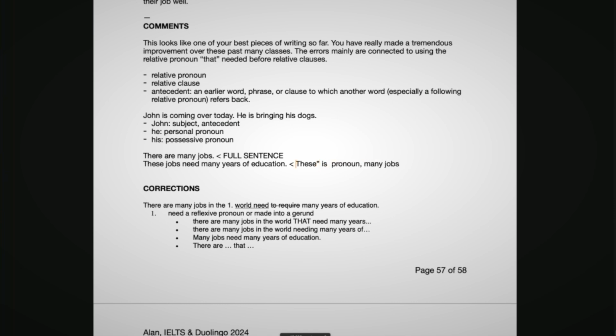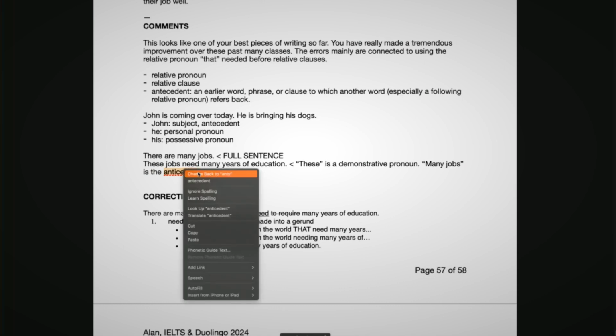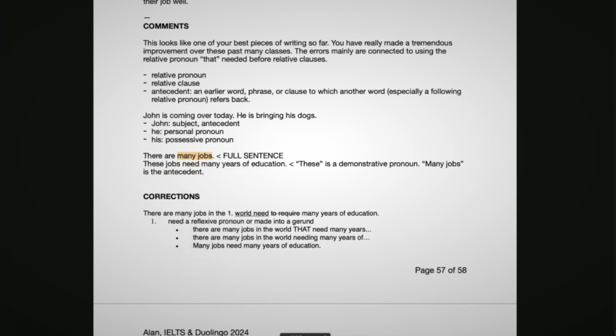These is a demonstrative pronoun. Many jobs is the antecedent.